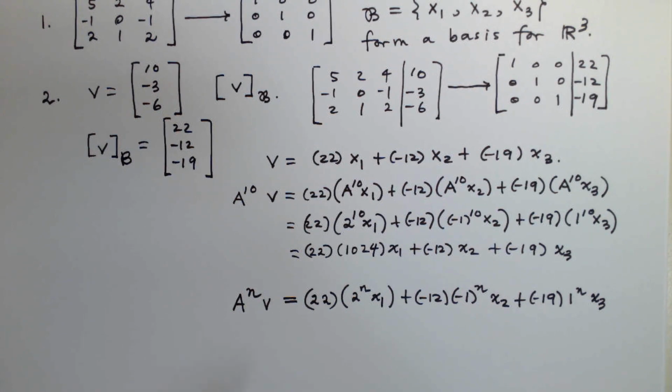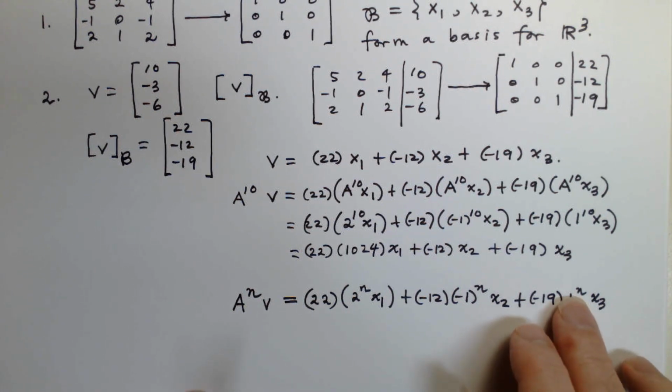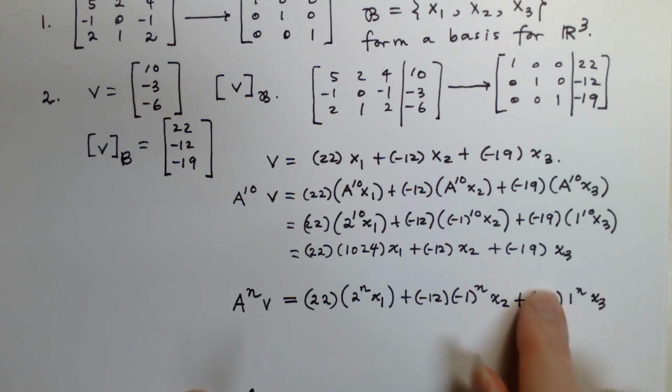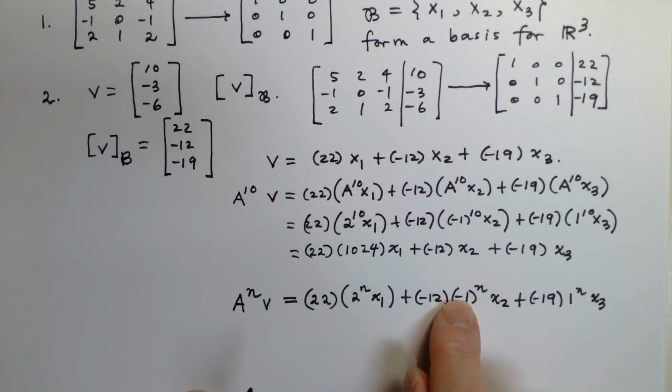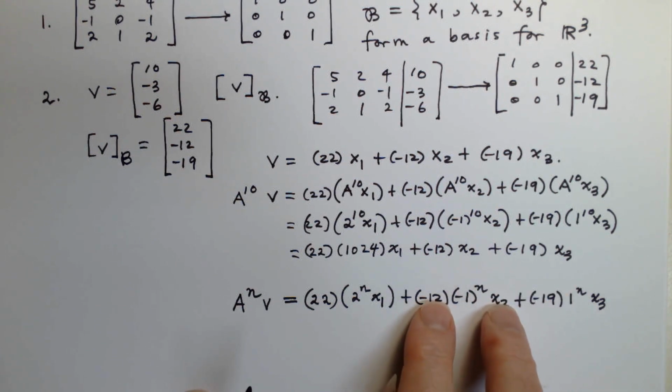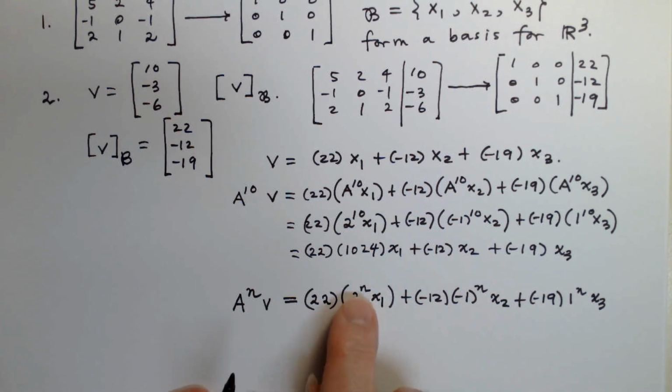Well, one thing we observe in this case is that this 1 to the power of n is just always going to equal 1, so we're just going to have negative 19 times x3 tacked on at the end. This negative 1 to the n here is just going to flip-flop between 1 and minus 1, so this will either be negative 12 times x2 or positive 12 times x2. Here's the telling part, though. As n gets bigger and bigger, this part is going to grow exponentially. It's 2 to the power of n.